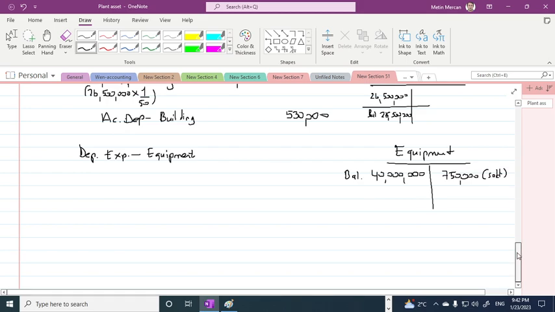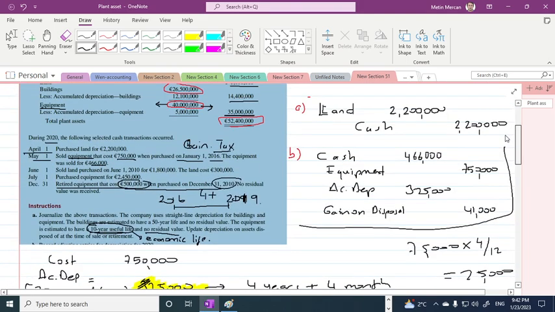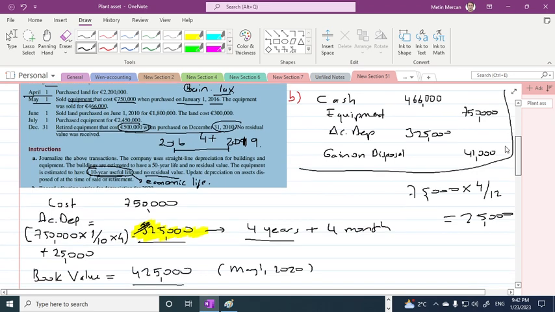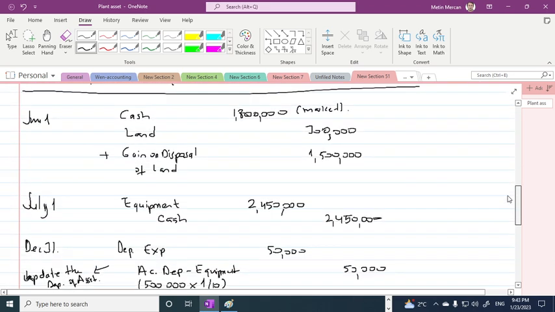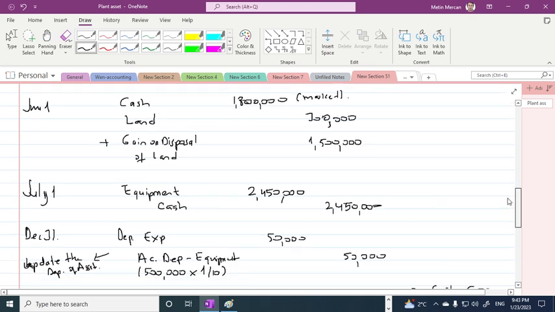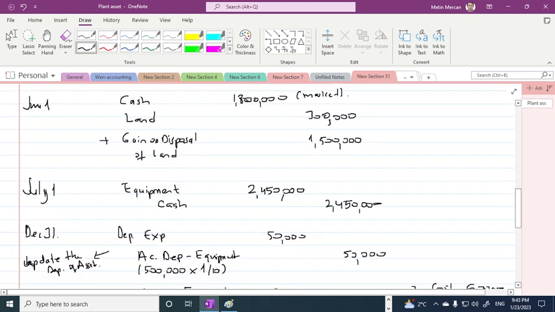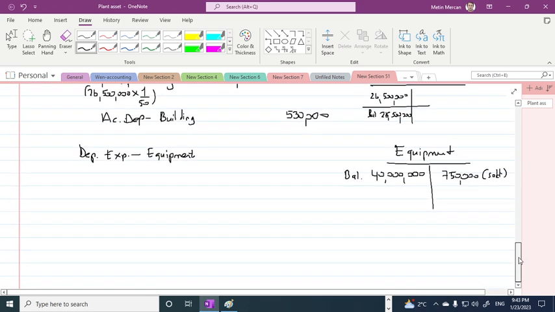Then what happened next? From the journal entries we can find the company purchased another land, equipment, $2,450,000 equipment.